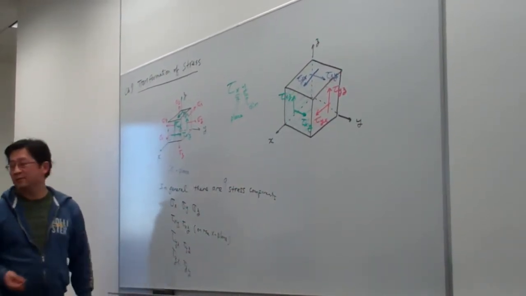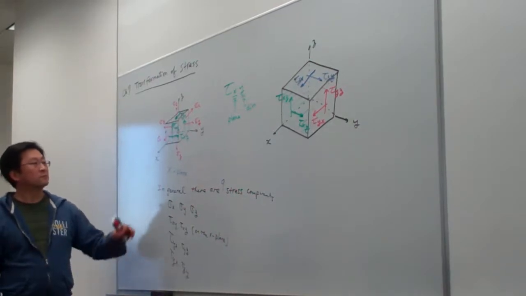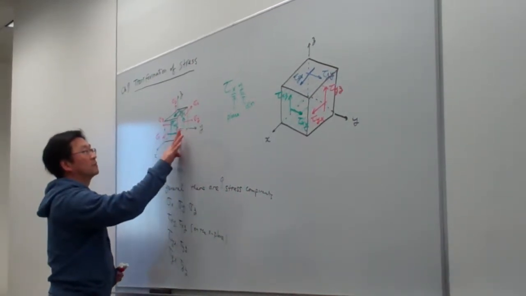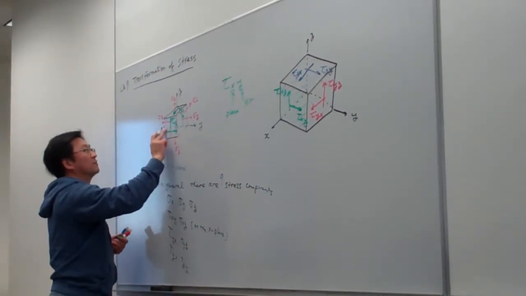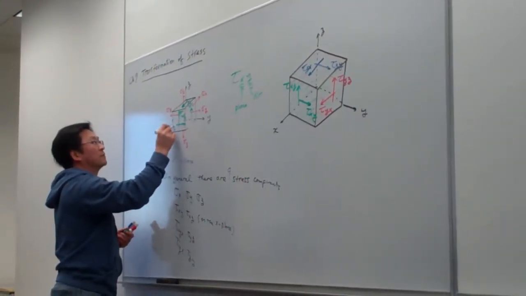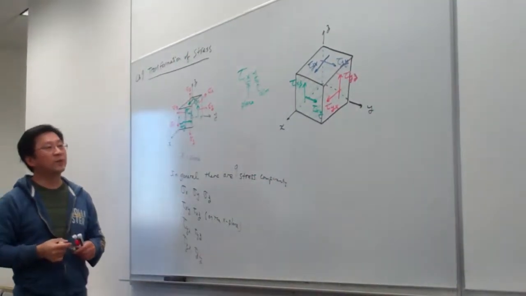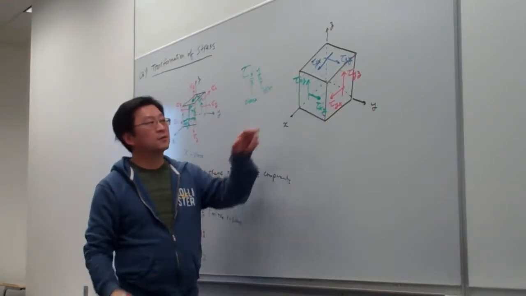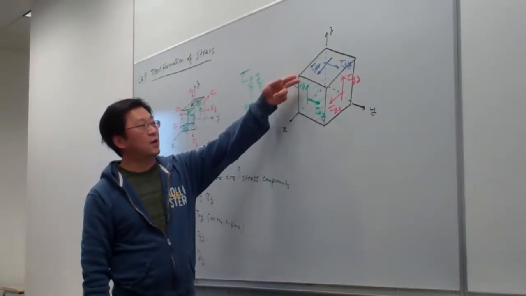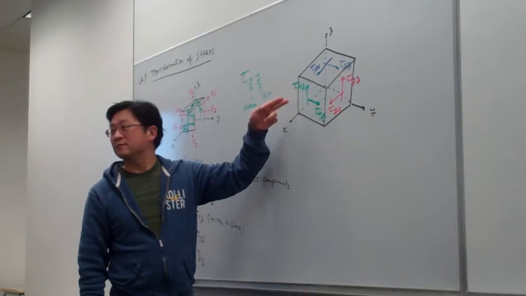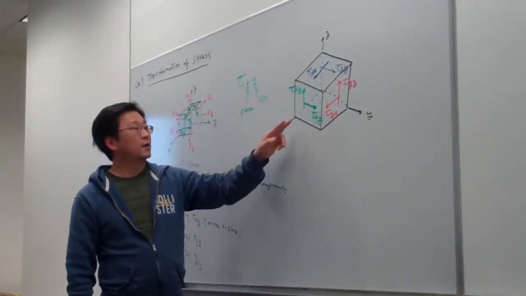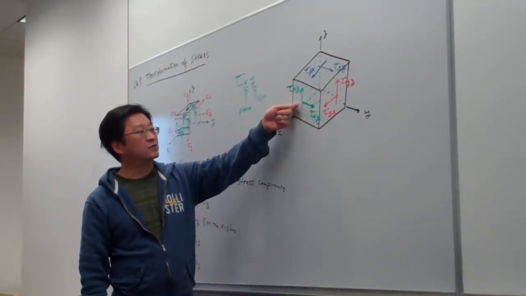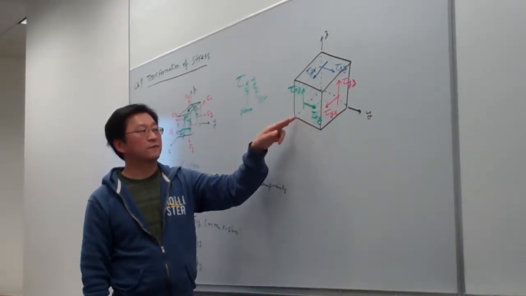And here, you labeled your tau xy. Yeah, tau xy is this one. Which face is tau xz on? Tau xz is on this plane, on the face. And xy is, again, still on the face, on the same face.